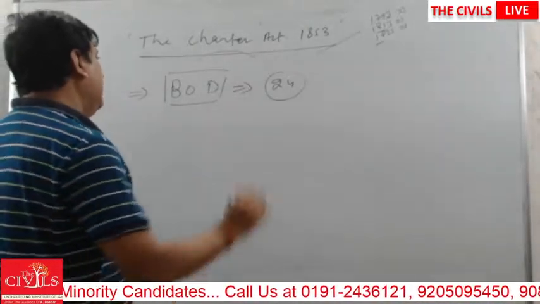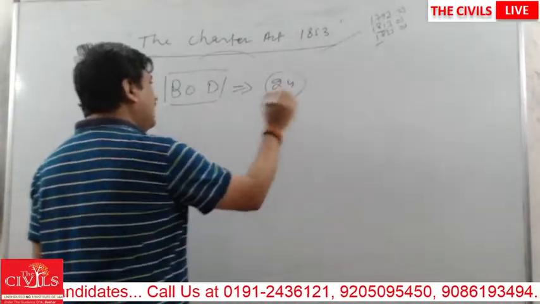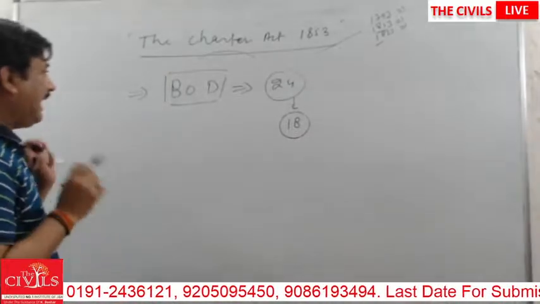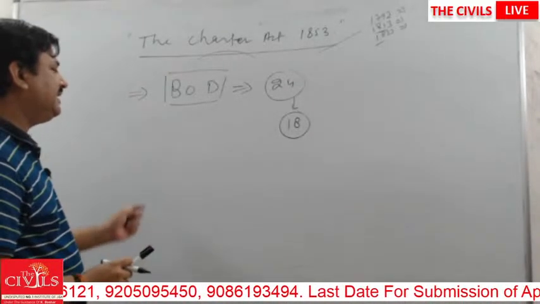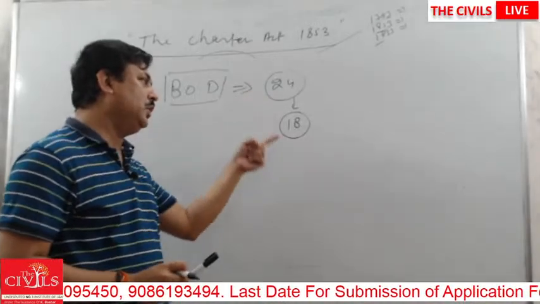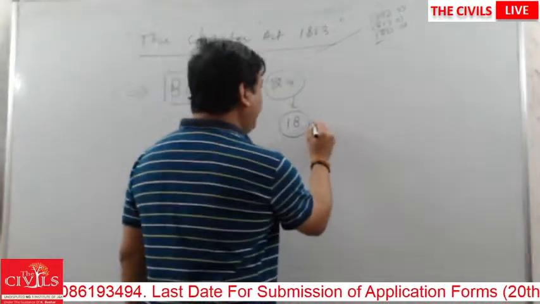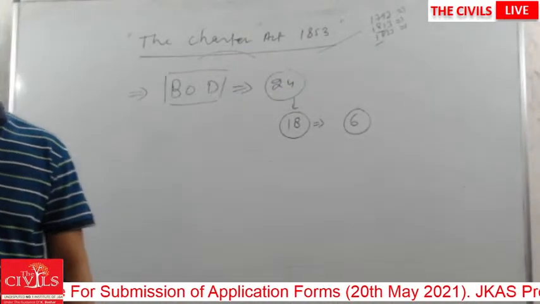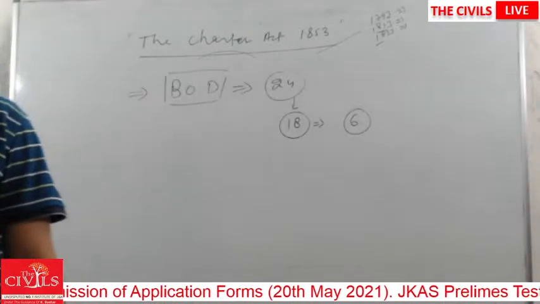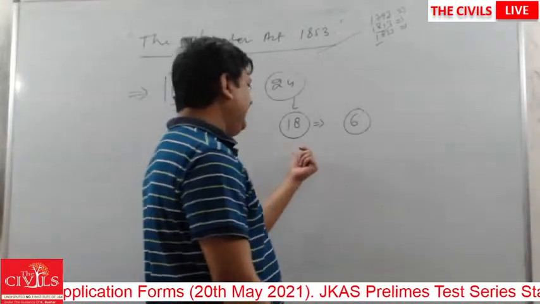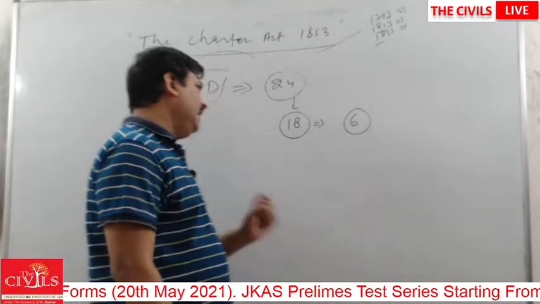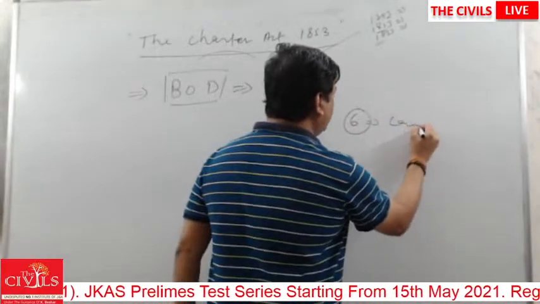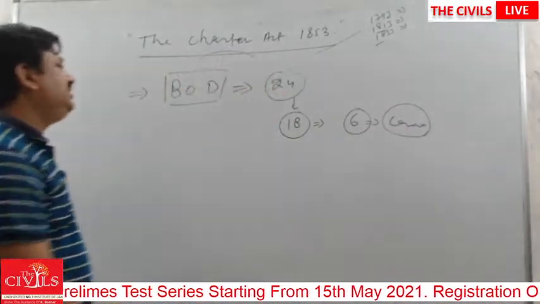But by this act, the number was reduced from 24 to 18, and out of the 18, 6 members would be appointed by the Crown. This is also one of the most important provisions of the Charter Act.